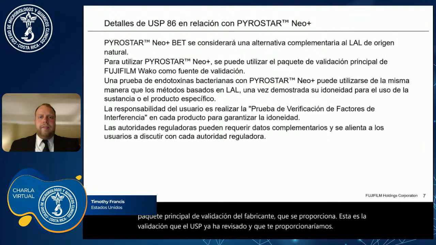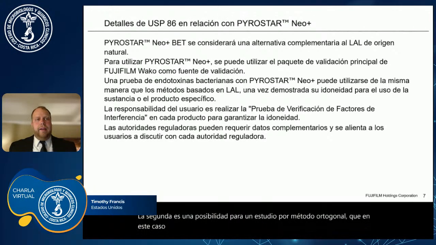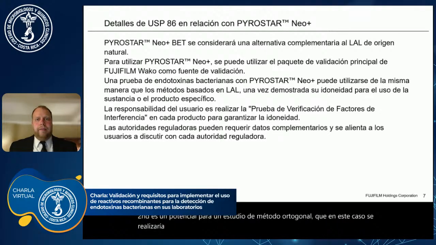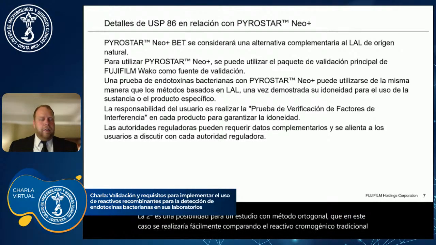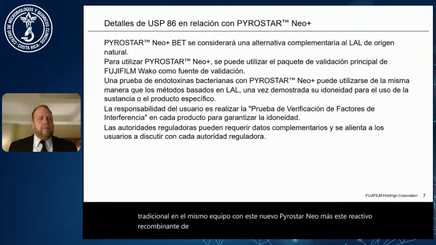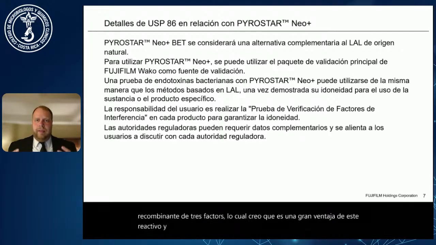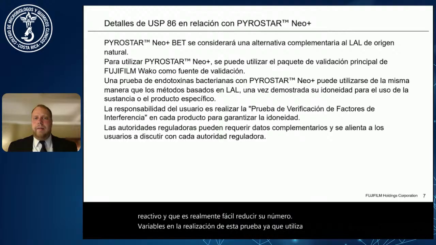Second is a potential for an orthogonal method study, which in this case would easily be performed by comparing traditional chromogenic LAL reagent on the same equipment with this new Pyrostar Neo Plus, this three-factor recombinant reagent, which I believe is a great advantage of this reagent, in that it is really easy to reduce the number of variables in performing this test, as it uses the same kinetic chromogenic method.